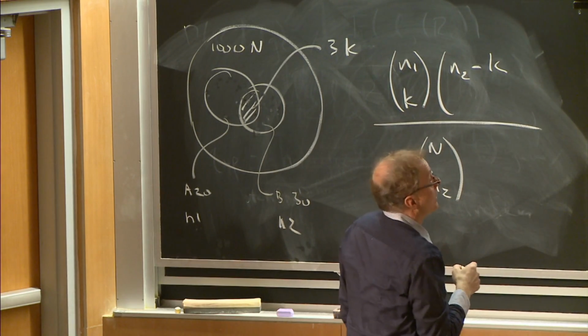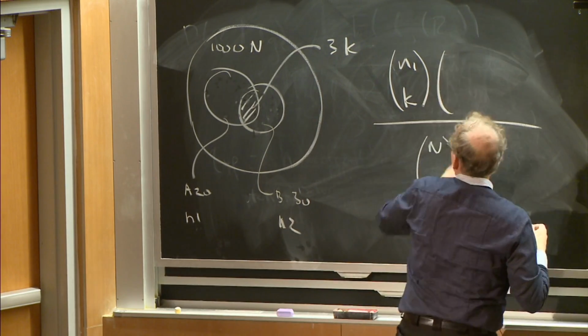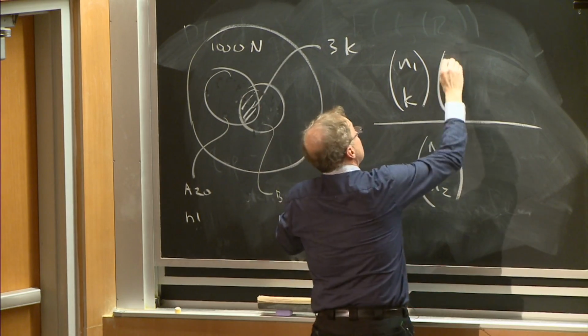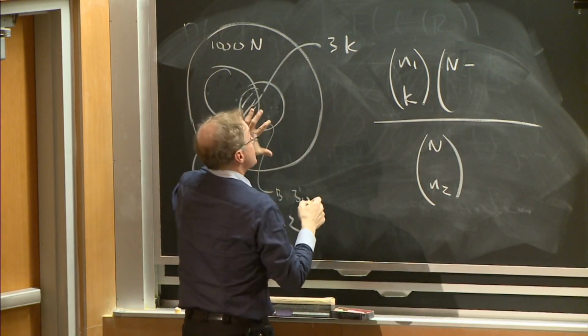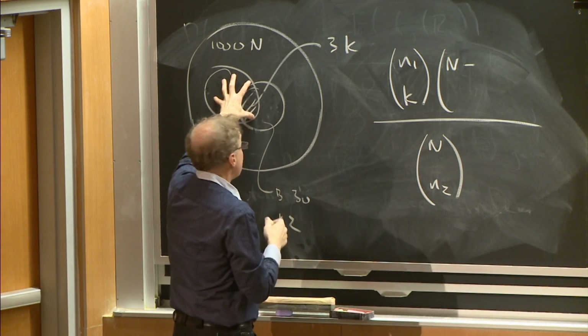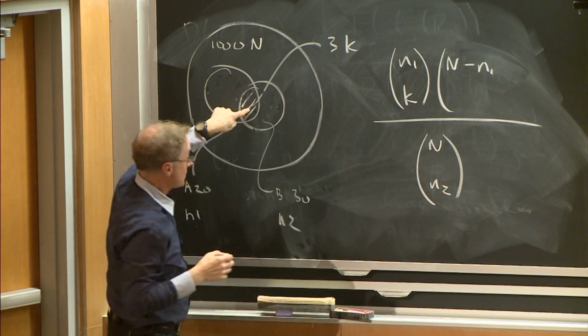Oh, sorry. It's the other way around. The universe I can pick from is 1,000, which is all the elements, minus the elements of A that I've already chosen from to get those 3.